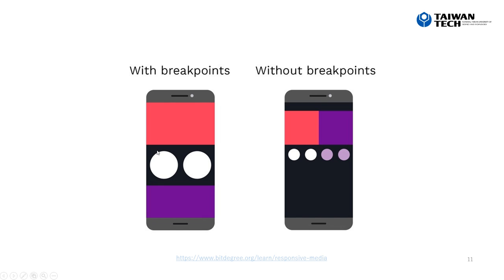What's a breakpoint? If I know you use a mobile phone to browse my website, I just want to make sure you can understand the critical information. Maybe you want to look up a restaurant, and I just need to show you the map and our telephone number, and you can just click and call my restaurant. So if this is a mobile device, we just give you the critical information.